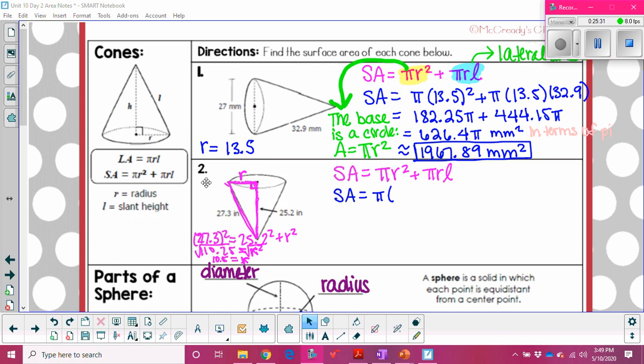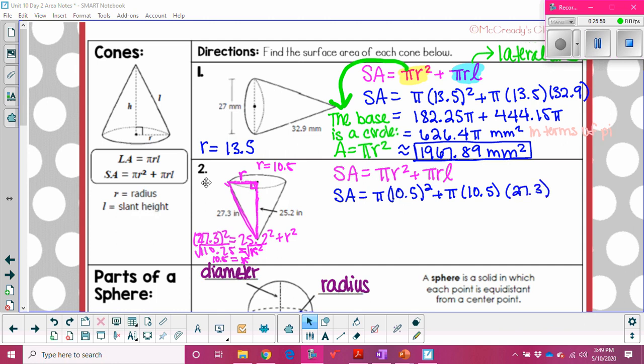So our radius is 10.5. Let's finish filling in our formula. We have 10.5 squared, which is 110.25, plus pi times 10.5 times the slant height, which is 27.3.